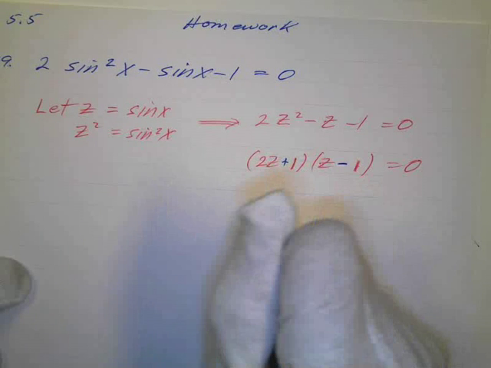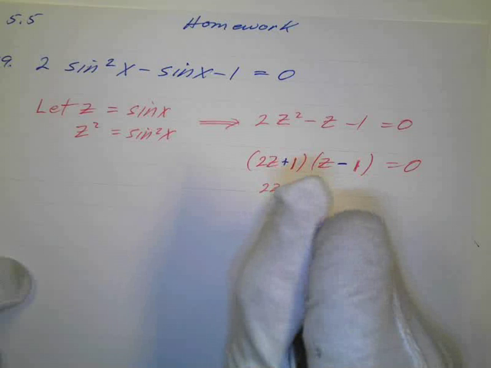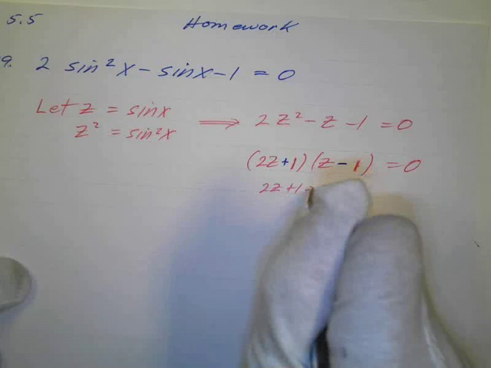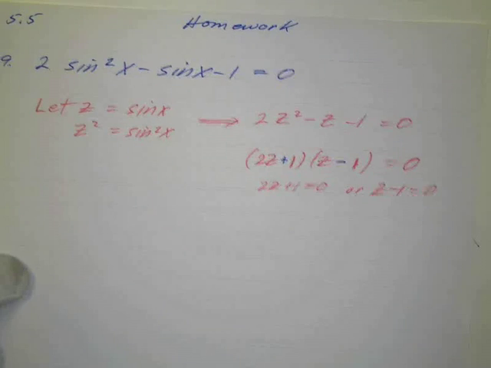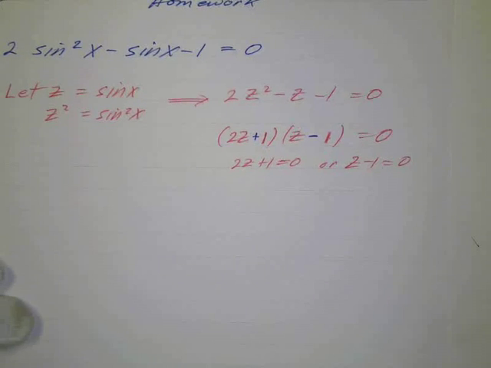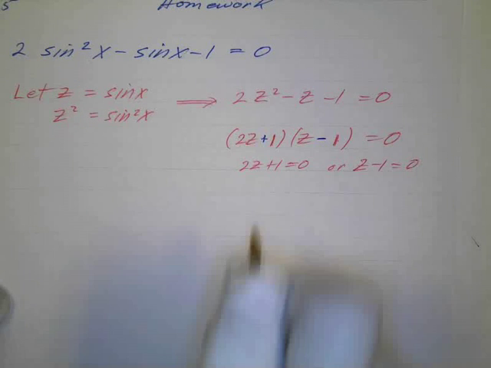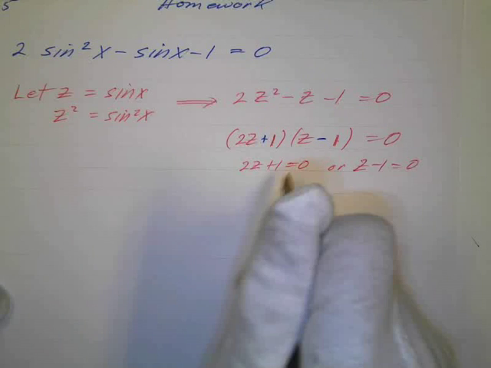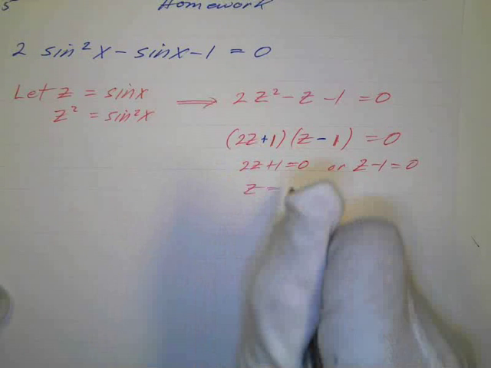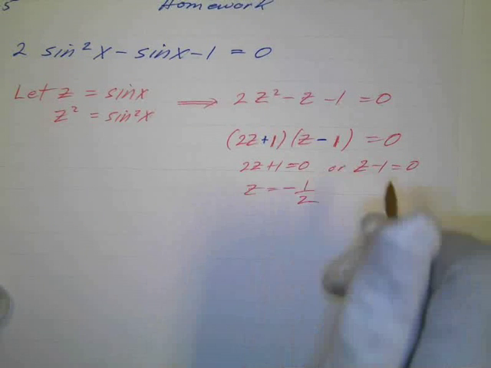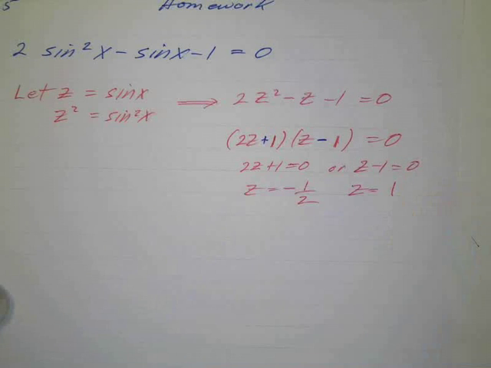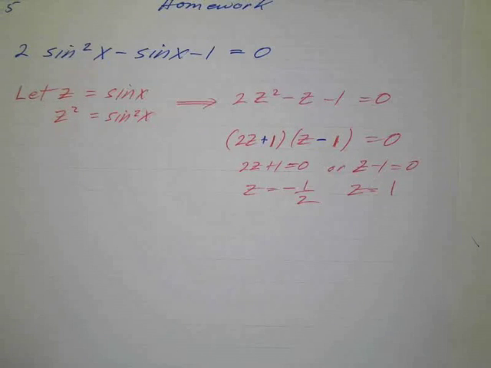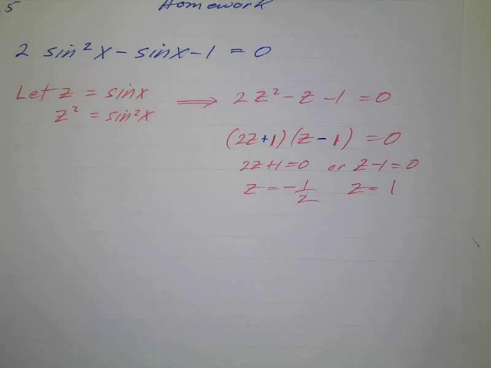So now we can say that 2z plus 1 equals 0, or z minus 1 equals 0. Then if I subtract 1 and divide by 2, I get z equals negative 1/2, or z equals 1. Then we can go back over here, and instead of writing z, we write the sine of x.